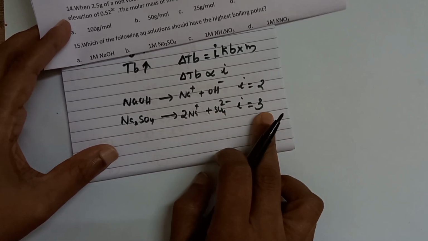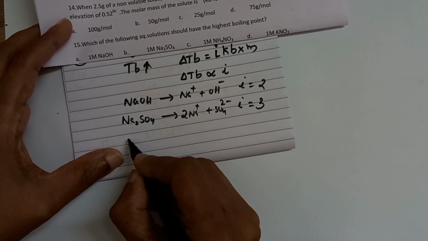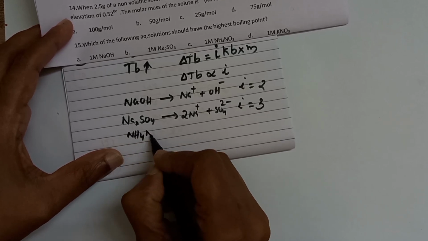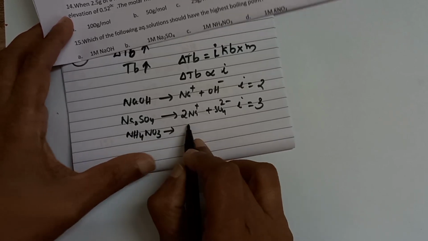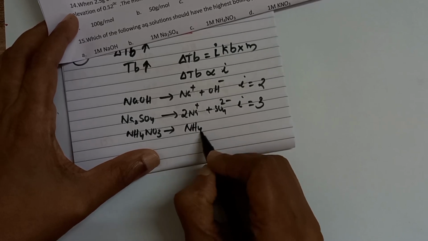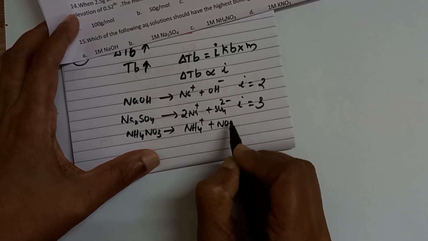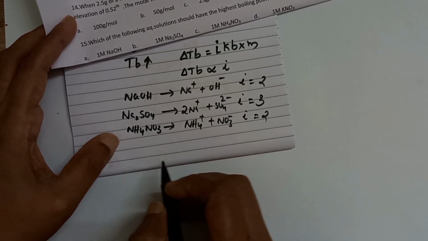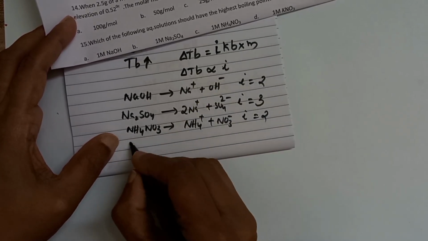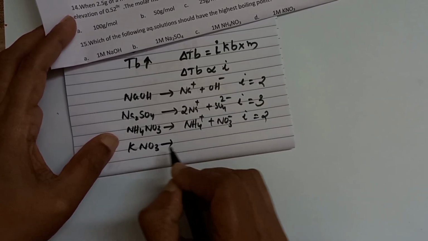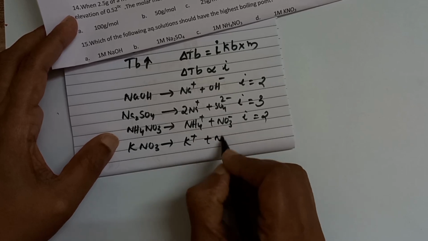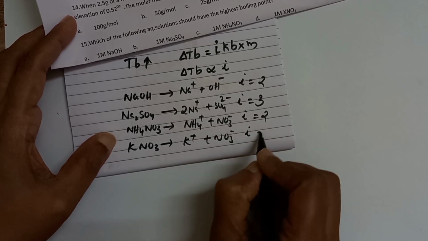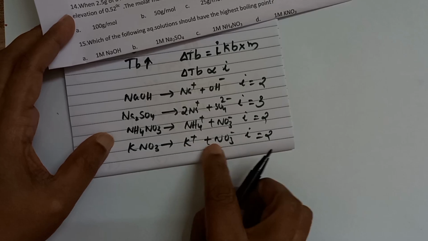In the case of NH4NO3, it is NH4+ plus NO3-, so the i factor is equal to 2. In the case of KNO3, it is K+ plus NO3-, so the i factor equals 2. So two ions are formed.